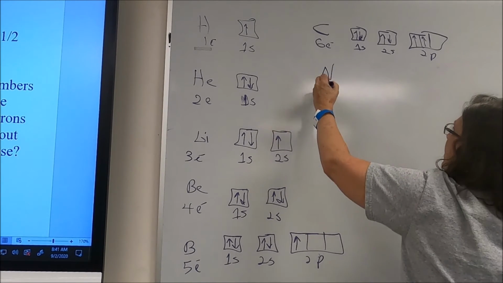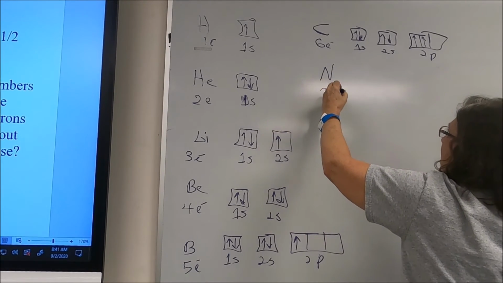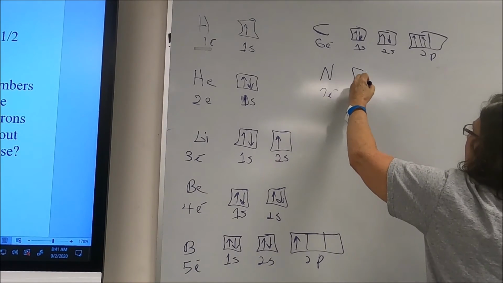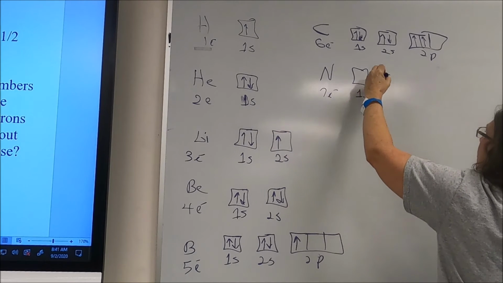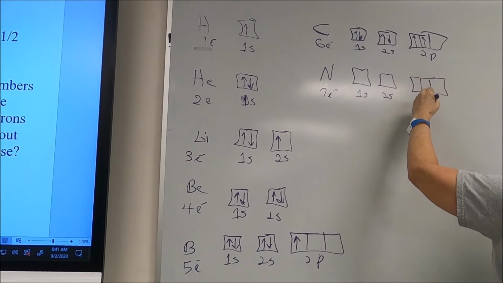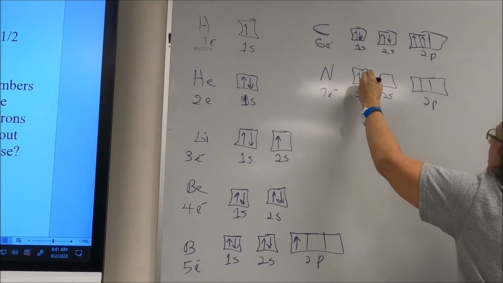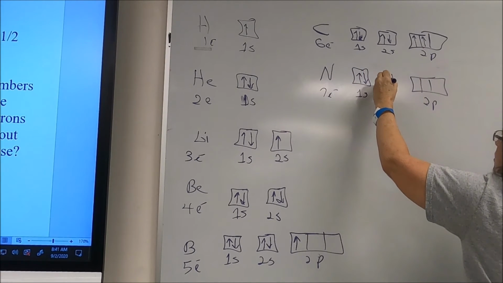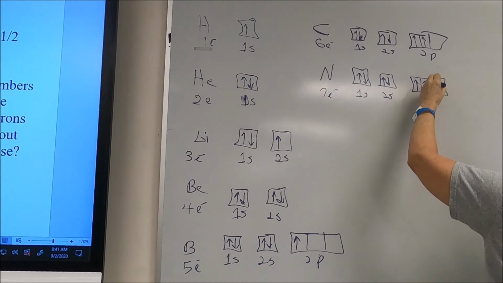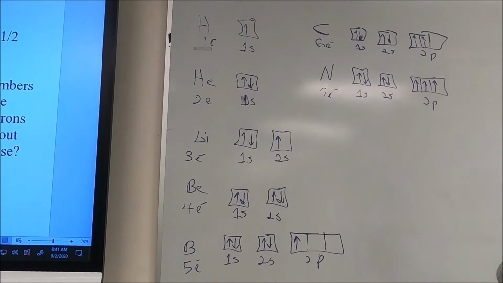So if we move on to the next element, nitrogen, which has 7 electrons, okay? 1s, 2s, 2p, 1, 2, 3, 4, 5, 6, 7. Nitrogen, in its unbonded state, has 3 unpaired electrons.